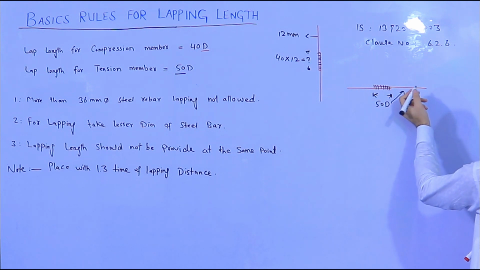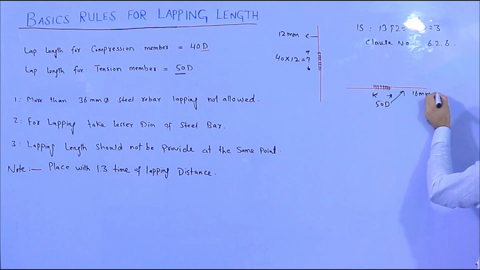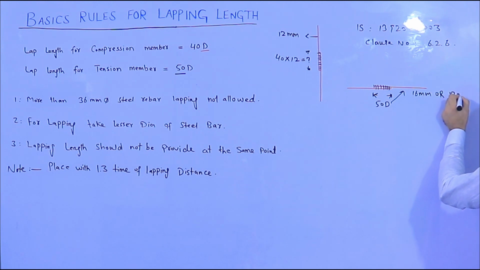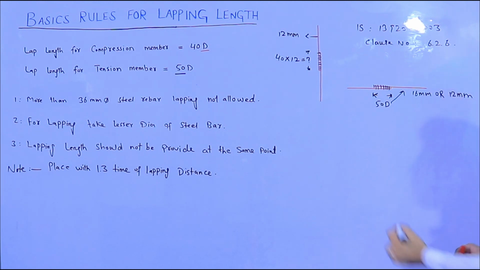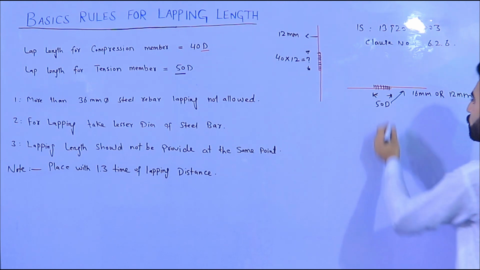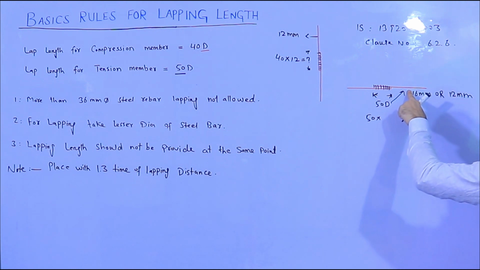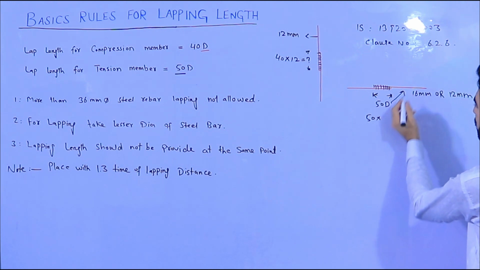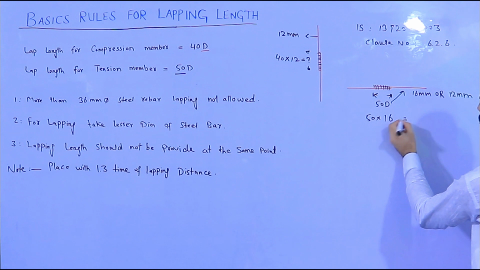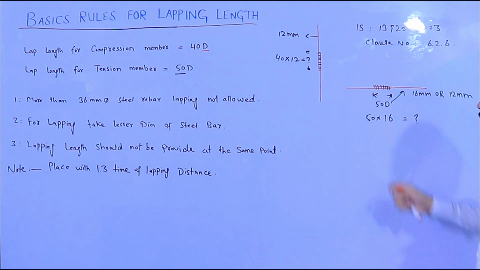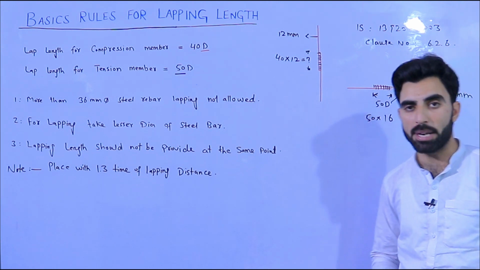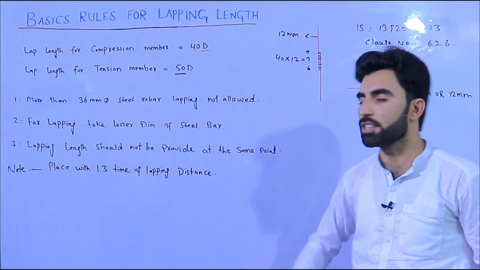For example, this is 16 mm or 12 mm, etc. If this is 16 mm diameter, then 50 multiply 16, and you will get the tension member lapping length from the formula of 50D.